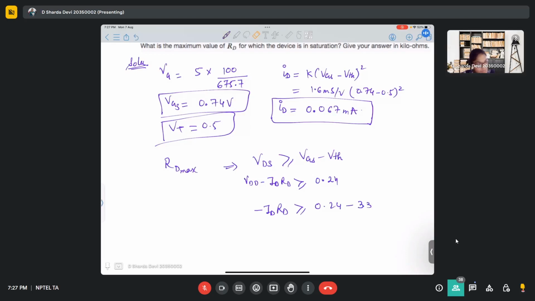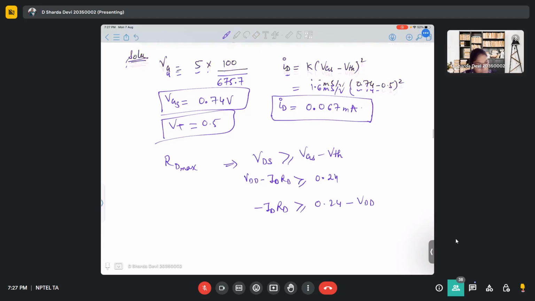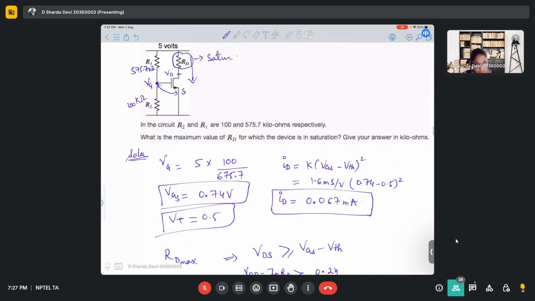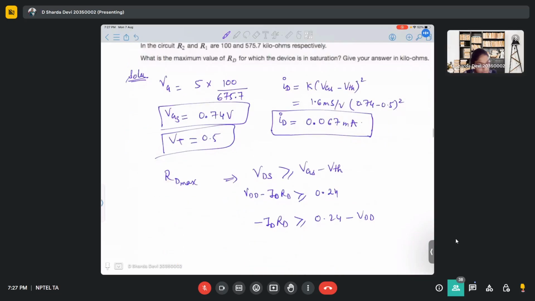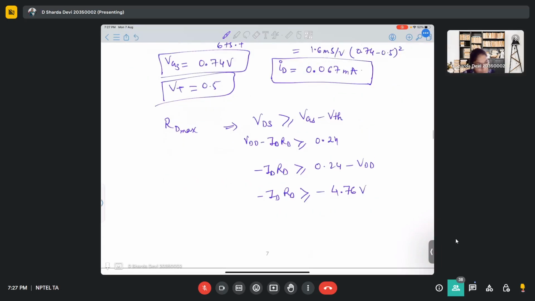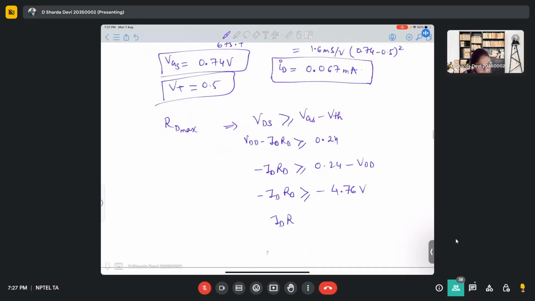Let me write it in expressions. VDD is 5 volts, so 5 minus IDRD should be greater than or equal to 0.24, so IDRD should be less than or equal to 4.76 volts.